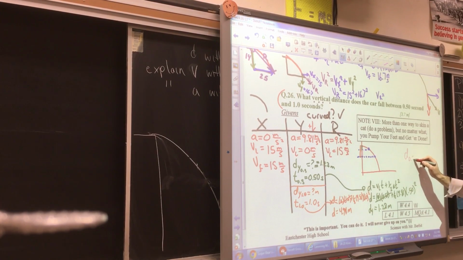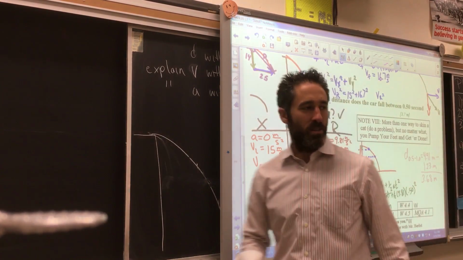So from 1/2 second to 1 second is going to be a subtraction. 4.91 minus 1.23. That's an 8, that's a 6, that's a 3. There's your answer: 3.7 meters.